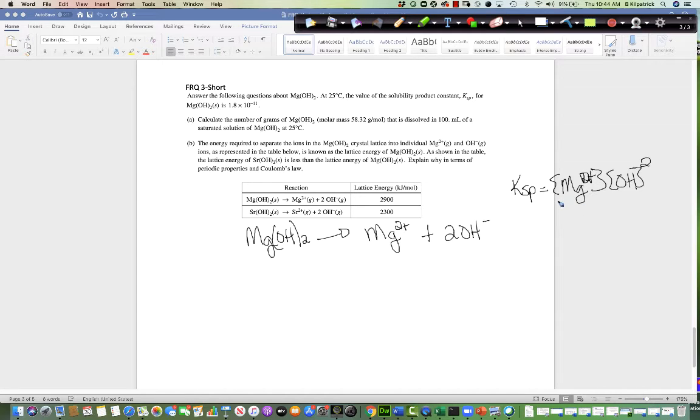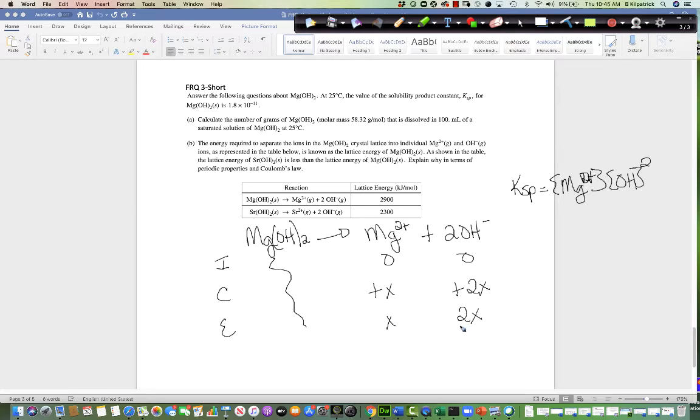So the first thing I'm going to do is set up an ICE table. I'm going to get rid of this because it's not included in KSP because it's a solid. Initially there should be 0 of both of these, and then I'm going to add some amount of the magnesium and twice that for the hydroxide.